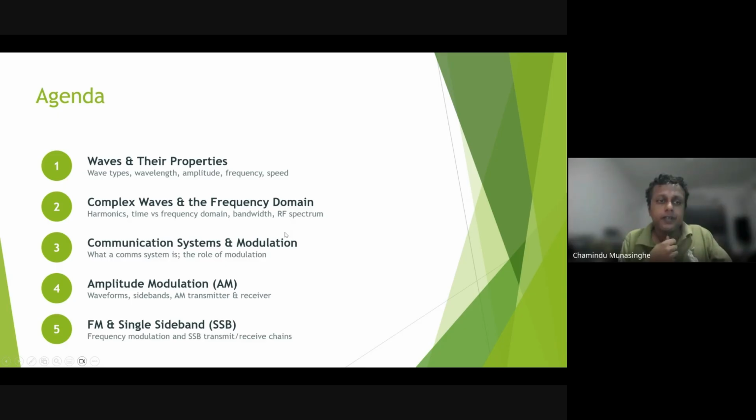Okay, so this is a very high-level agenda. Today we are going to focus first on radio communication, which involves radio waves. So we'll get an introduction to what a wave is and its properties, and what we need to be aware of.